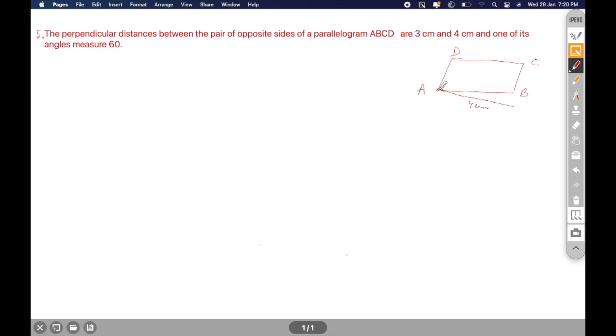And we have to draw a perpendicular that gives the shortest distance between the point A and the side BC, and another perpendicular to the other side DC extended, suppose 3 centimeter. Because here it is said that perpendicular distance between the pair of opposite sides. So let us start.